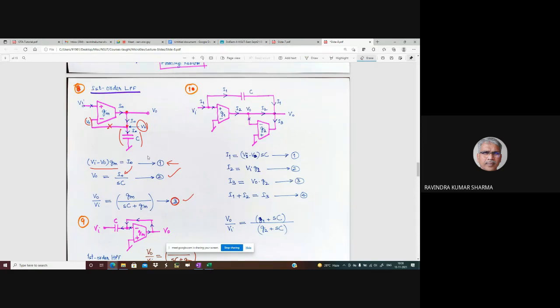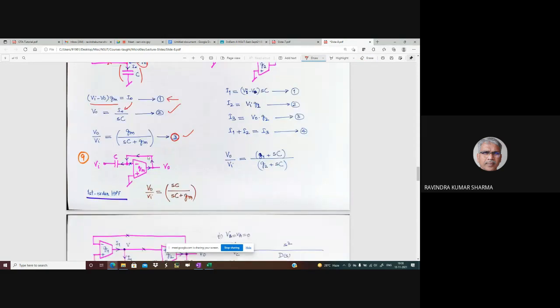Now see the ninth circuit. Ninth circuit is that of first order high pass filter. You have to write KCL at this node. What will be KCL there? Say it. V naught minus V i times SC.